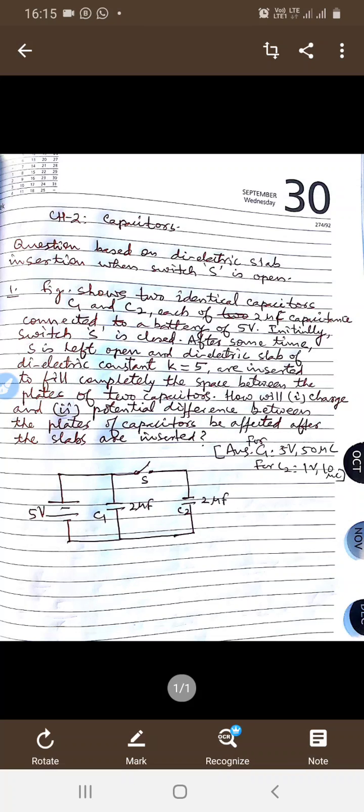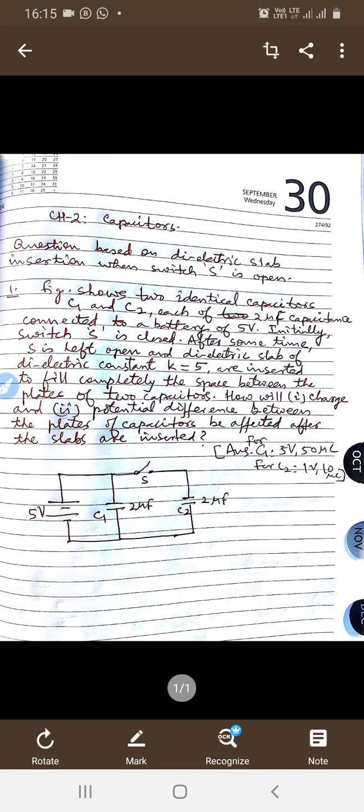Hello, Namaskar. Here is one question based on dielectric slab. While inserting it between the plates of a capacitor, the capacitor is disconnected from the battery or the capacitor is connected to the battery.